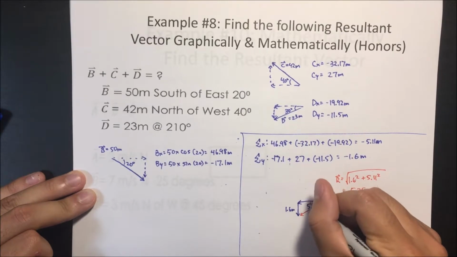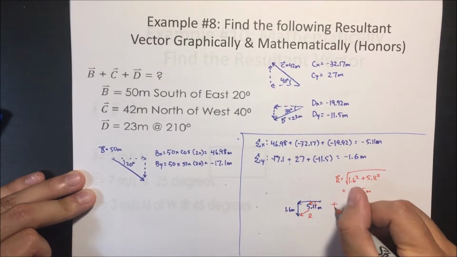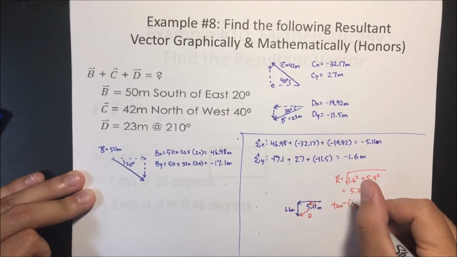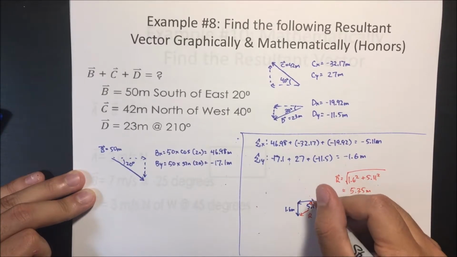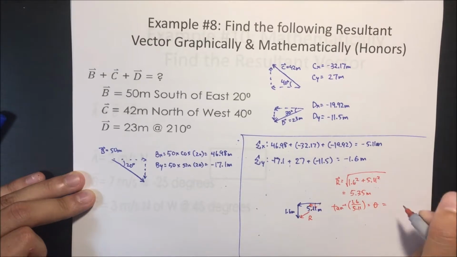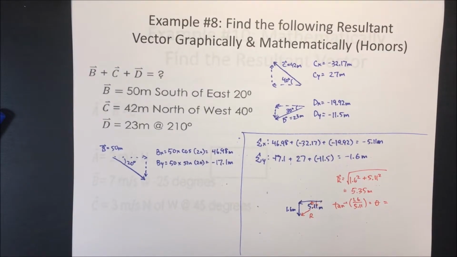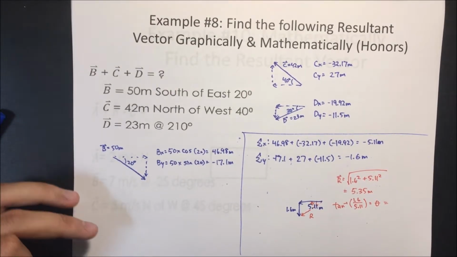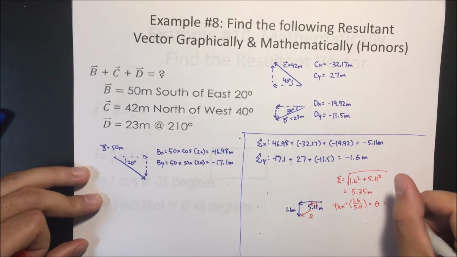But let's also find this angle right there by using inverse of tan. Opposite 1.6 over adjacent 5.11. And this will give us an answer of 17.39.